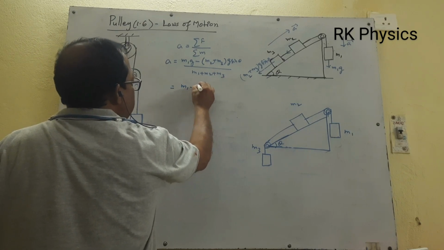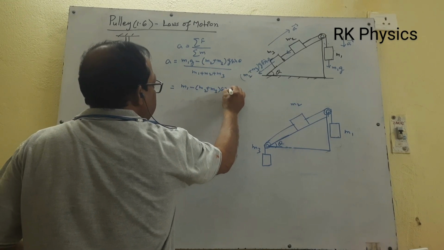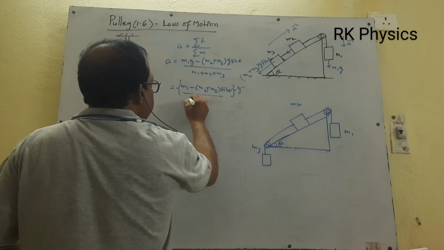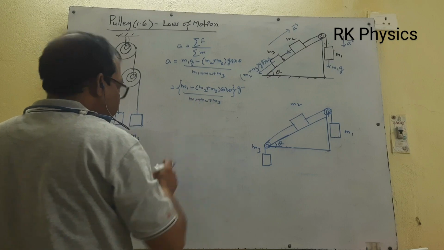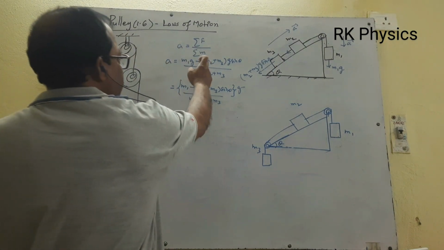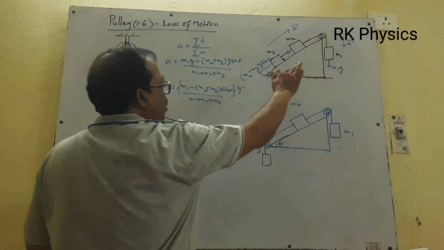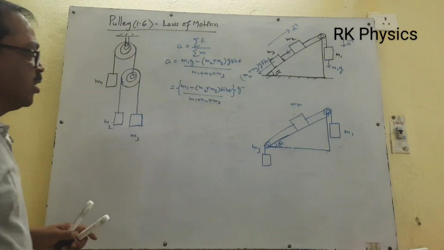Or you write it as (M1 minus (M2 plus M3) sin theta) times g divided by M1 plus M2 plus M3. I am writing in a decent form. So if you imagine this formula directly, it is the downward force minus the upward weight, divided by the total mass of the system.